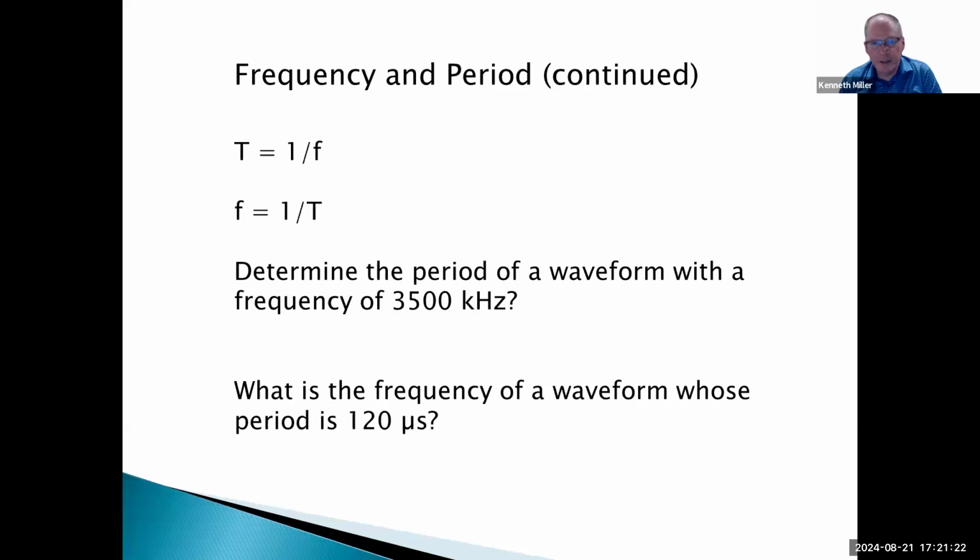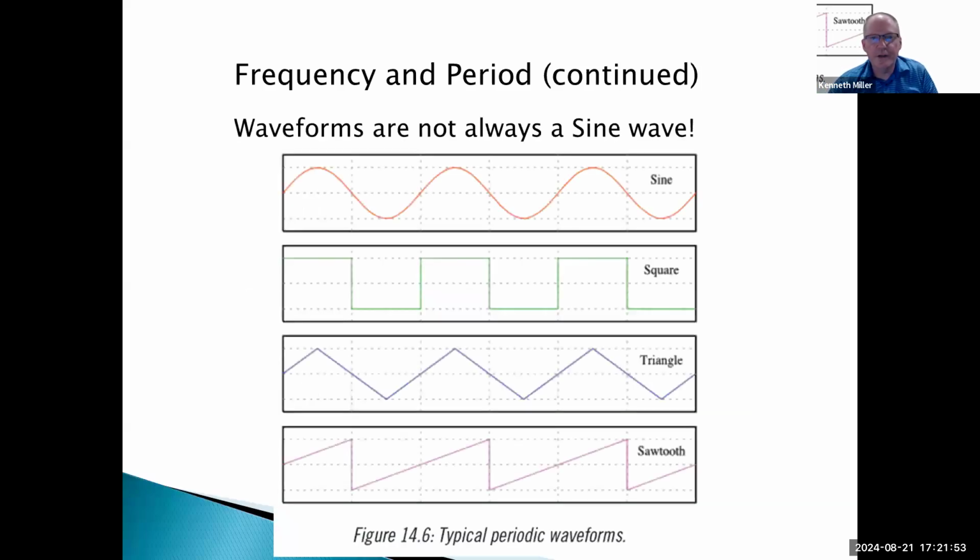What is the frequency of a period of 120 microseconds, which is 10 to the negative 6? 1 divided by 120 microseconds is 8.33 kilohertz. Okay, so you can do some of those calculations to get that all figured out.